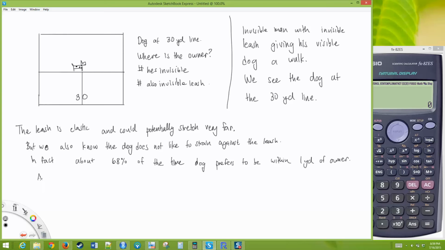And about 95% of the time, dog prefers to be within 2 yards of the owner.